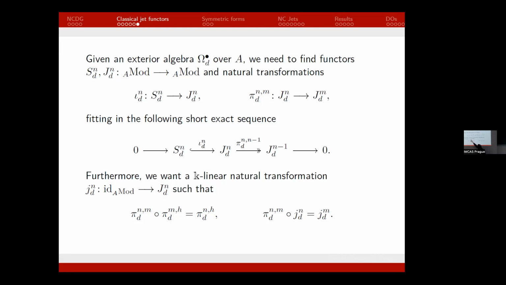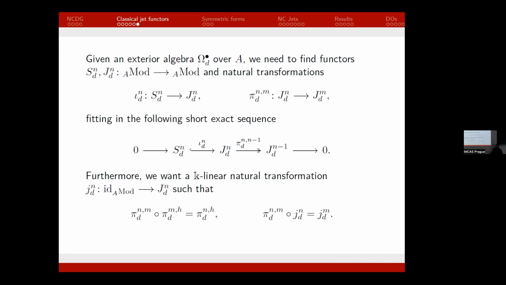And they must be such that the two compatibility relations hold, as I said before. So this is our setting. When we have this, we are satisfied.